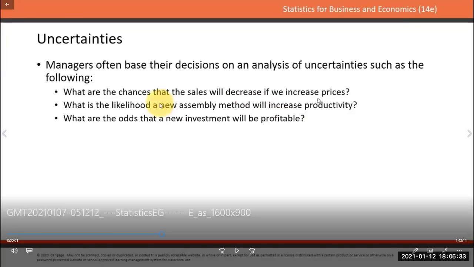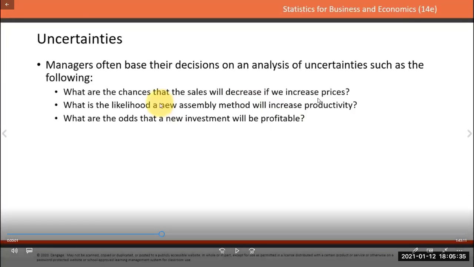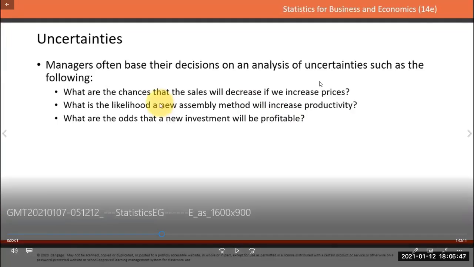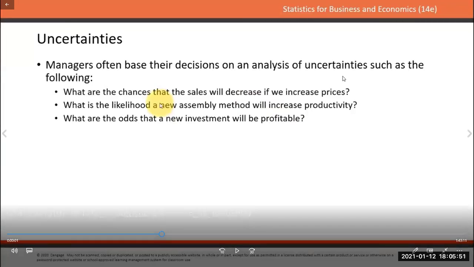If you're a manager, you might want to increase your prices, but you're also afraid that sales may decrease too much. So you have to balance, and you don't know what's going to happen. That's called uncertainty. You're not certain about what's going to happen, and so we're interested in probabilities.